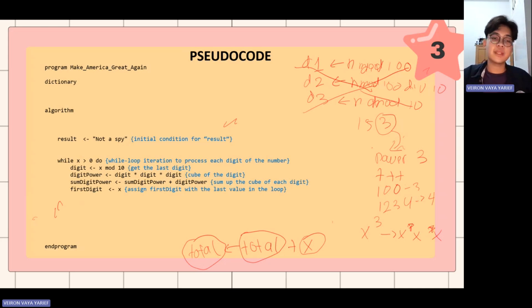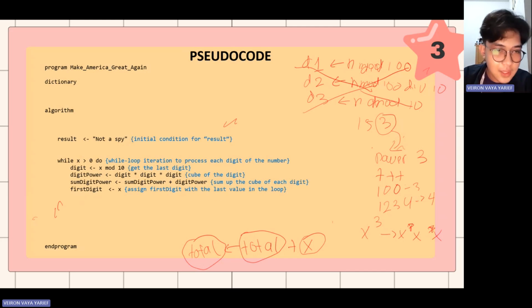I think the comment says it very clearly. So if we know 153, it will end when the number is only 1, which is the first digit, right? So the first digit will always be on the last iteration where the loop stops, right? So just make a different variable to assign the last iteration digit to be processed.